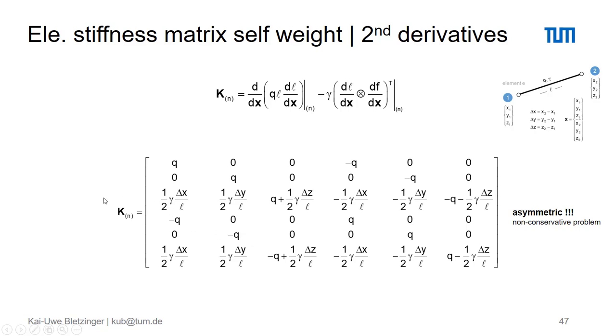And we add in the third and in the sixth line, referring to the Z component, the third one at node 1 and the third one at node 2, which here in this vector is at position 6, these extra contributions of the weight everywhere where the gamma pops up. And quite obviously, this matrix is asymmetric, a consequence of the non-conservative problem.